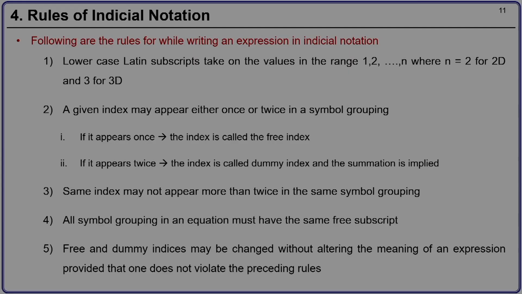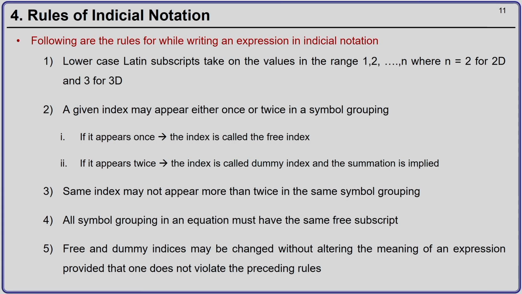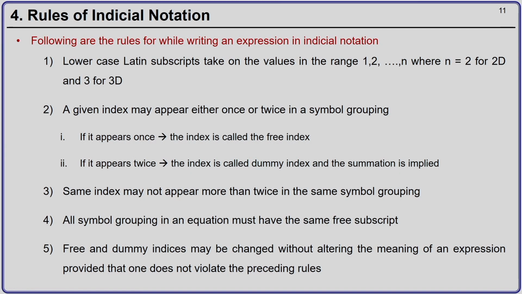So, with this we move to our rules for indicial notation. When you are using indicial notation, there are certain rules that you have to follow, and these rules are stated as 5 points here in this slide. The first point is that lowercase Latin subscripts take values in the range 1 to n, where n is equal to 2 for 2D problems and 3 for 3D.